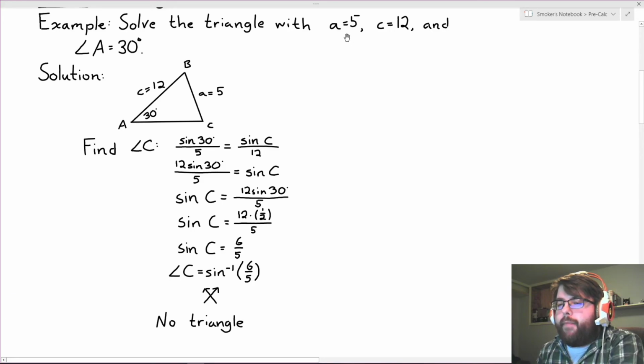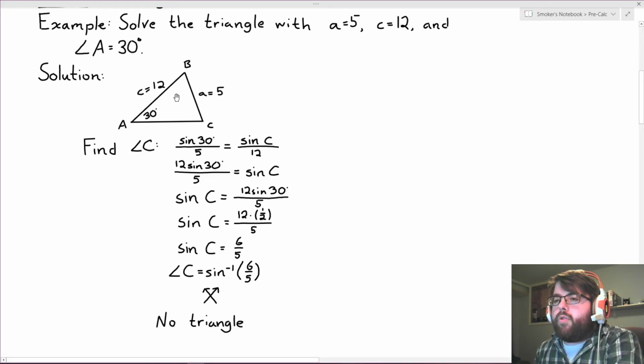And actually what's happening is the angle measure here, this is so hard to show without a visual, is making this side go up.